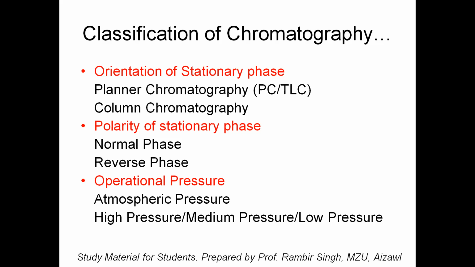If our mobile phase is dissolving the stationary phase, then we do not have a biphasic system, and if we do not have a biphasic system, we are not doing chromatography. We are doing something else. So when he started with calcium carbonate as a stationary phase, he selected a non-polar solvent, possibly after a series of failures.